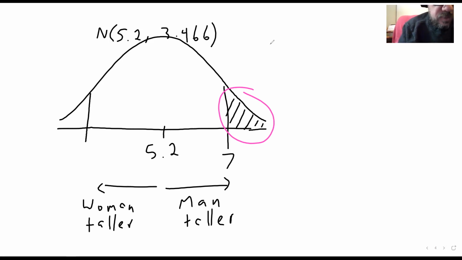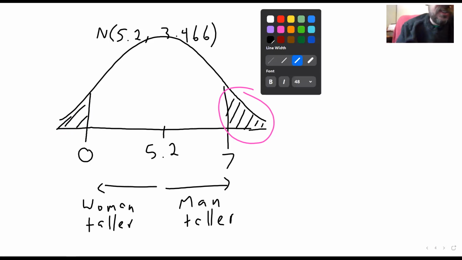Oh, I guess I'm gendering that color by making it pink. I'm switching it. I'm not going to be accused of any nonsense here. So over there is where the woman is taller than the man, because anything to the left of 0 is negative.